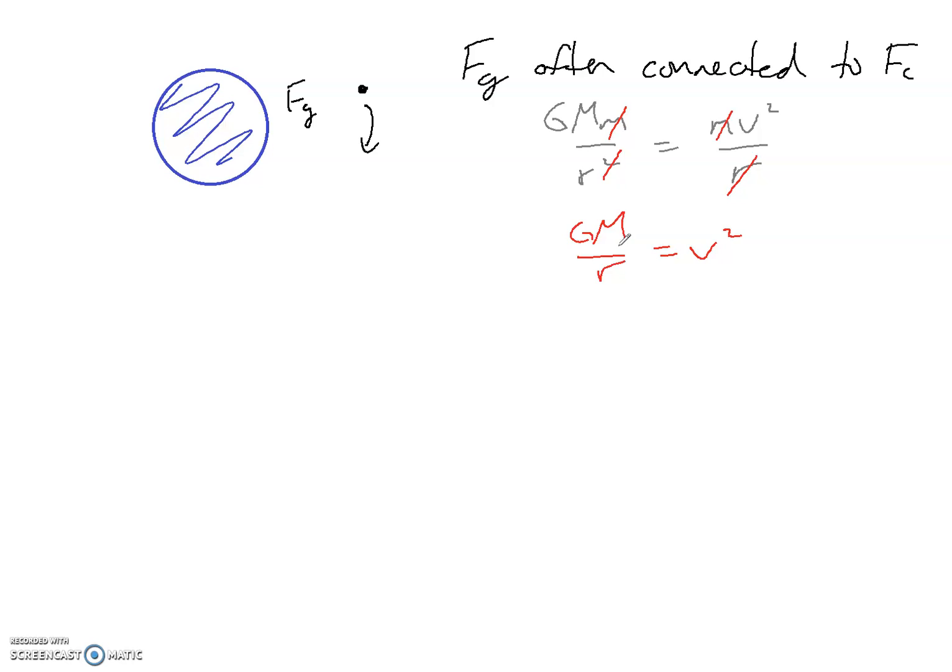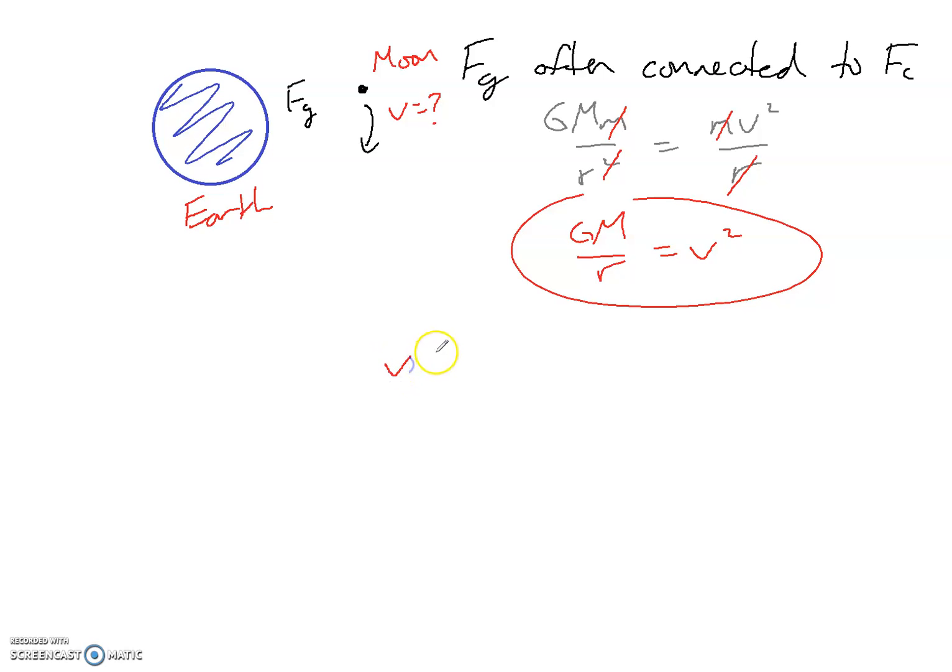So let's take something really, really simple. Let's say this is the Earth, and this is our moon, and let's find out how fast the moon goes around the Earth. Well, we can use this expression right here. So the v of the moon would just be Gm over r, and then you'd have to square root it afterwards.